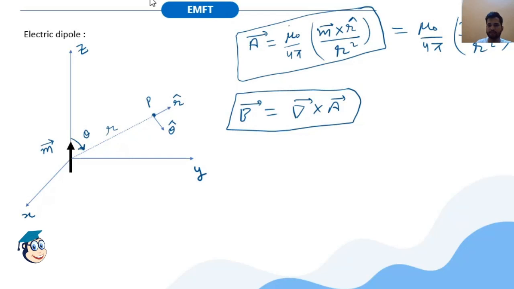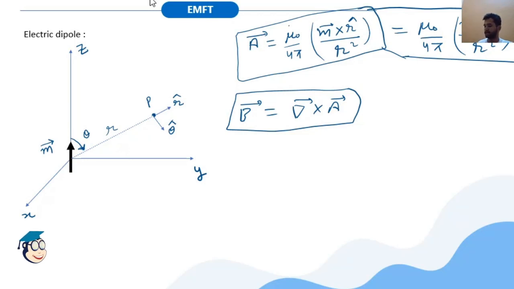So B can be written as curl of A, and as we are dealing in the spherical polar coordinate system, you can take the curl in spherical polar coordinates. We have learned how to take the curl in spherical polar coordinates in our mathematical physics series.